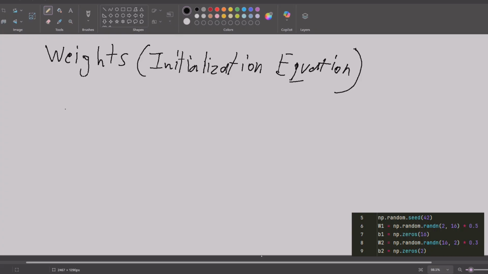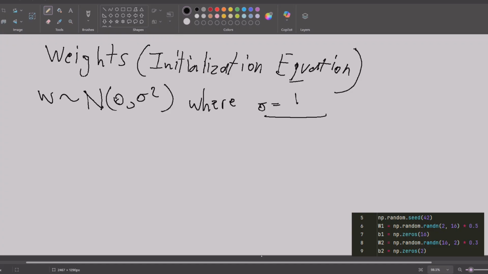We can express this as a real equation: W is approximately the normal distribution of 0 to sigma squared, where sigma squared is going to be 1 over root fan in. Now you may ask what this fan in value is. Fan in is simply our input value, whatever our input dimension in the grid is.